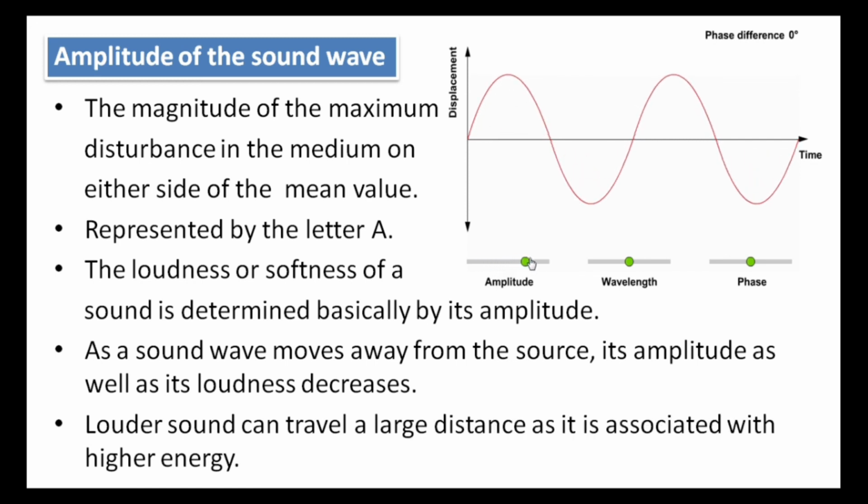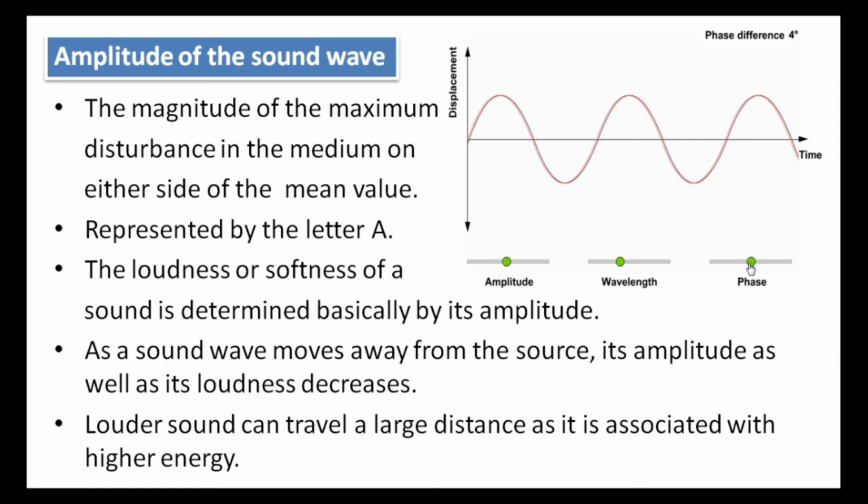A louder sound can travel a larger distance as it is associated with higher energy. As you can see in the figure, amplitude, wavelength and phase are shown, and it is explained better in this figure, the amplitude.